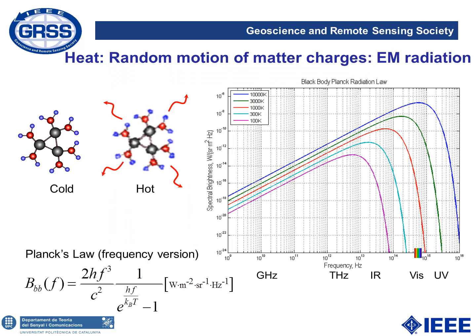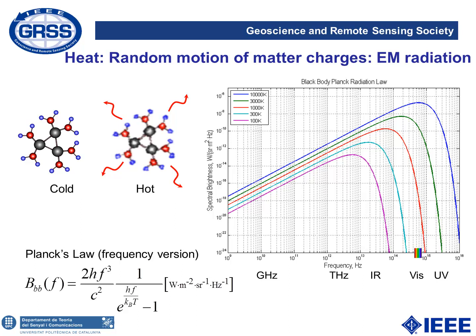Okay, another mechanism which can be used for remote sensing is the spontaneous electromagnetic radiation due to the heat of materials and molecular and atomic structures.